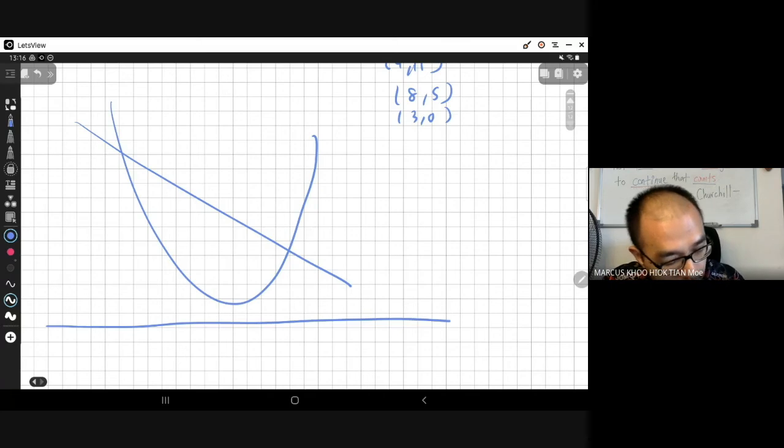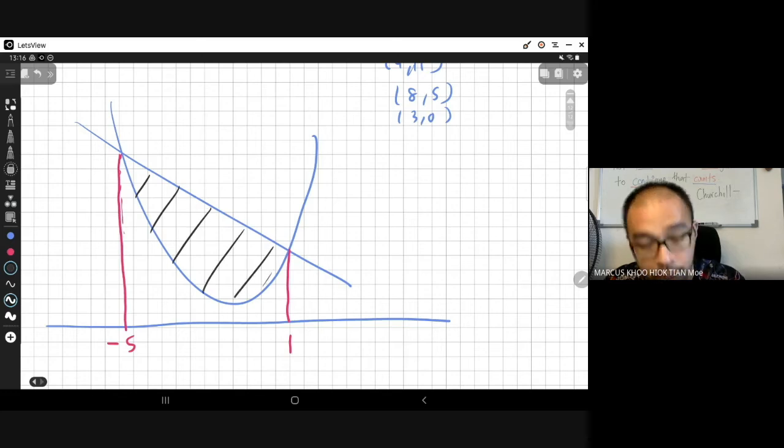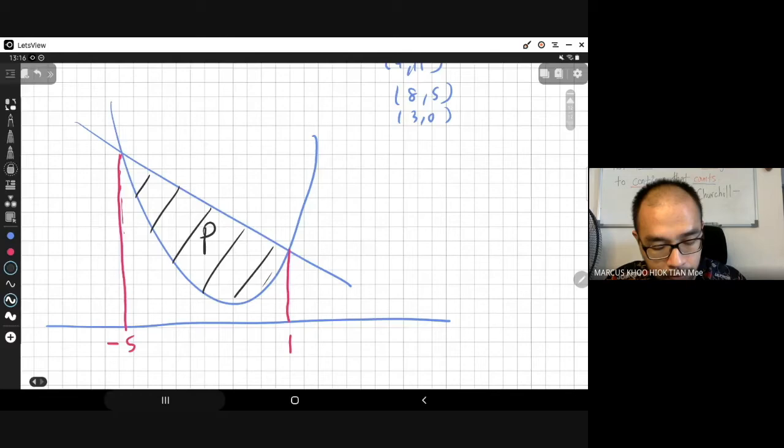So this is negative 5. This is negative 5. This is 1. Okay, and this is the shaded region we want. Okay, remember when we want to find the shaded region, usually it is one shape minus another shape. Right? One shape minus another shape.